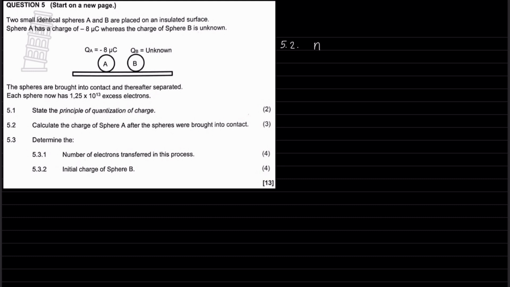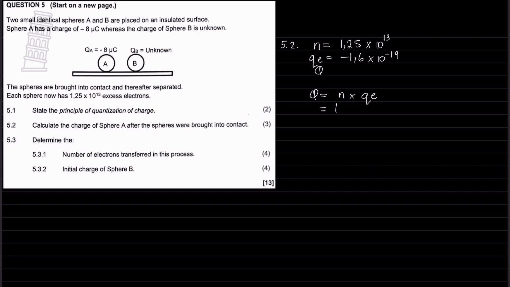We know that the number of electrons is 1,25 times 10 to the power of 13. We also know QE is -1,6 times 10 to the negative 19. And we want Q. So the formula from the datasheet is Q is equal to N multiplied by QE.